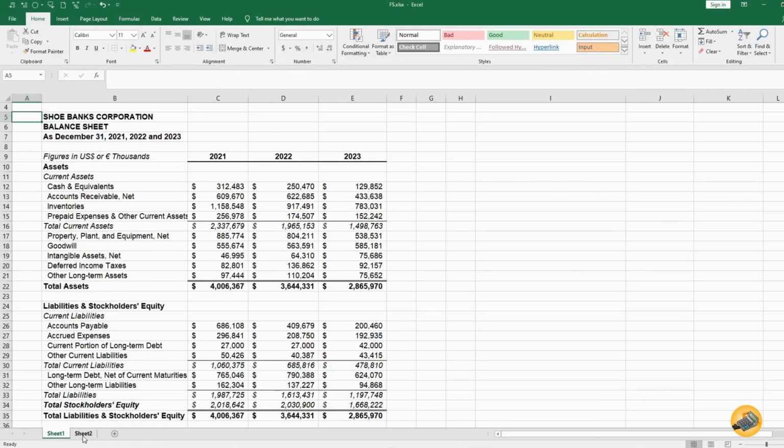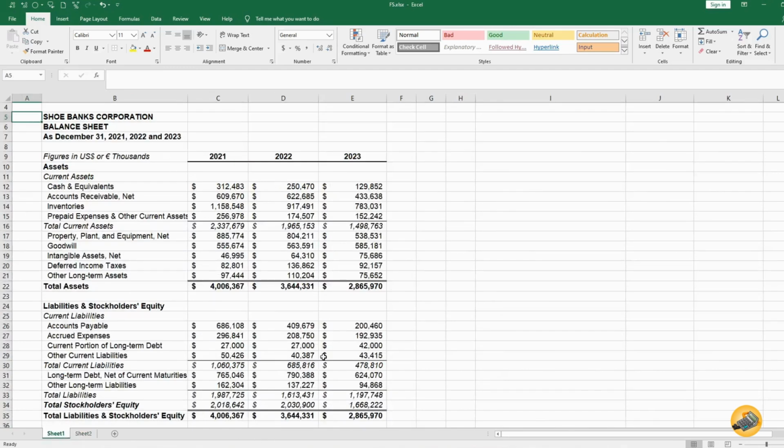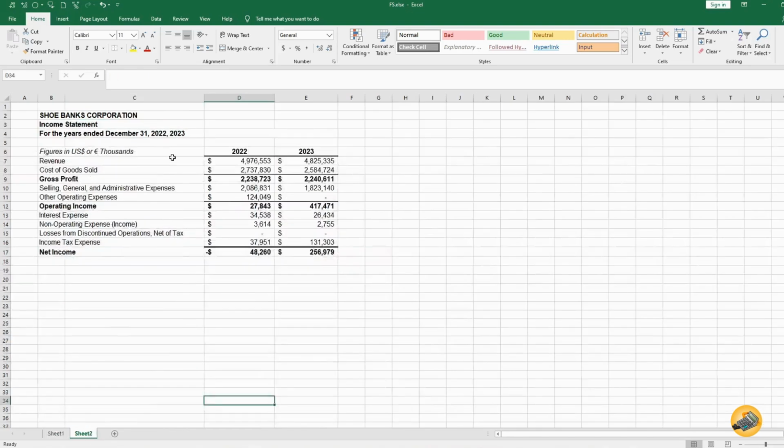Don't fret. I know it looks like a lot. There's a lot of numbers, but they're just numbers. Here we have the balance sheet, or the statement of financial position, and the income statement, also known as the statement of comprehensive income.